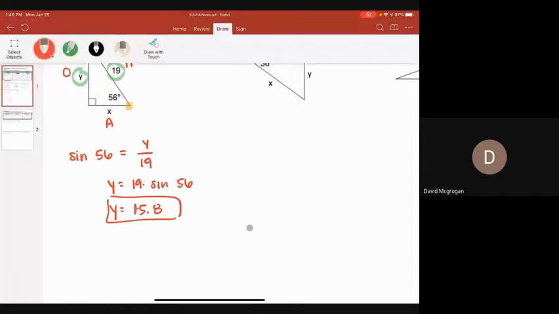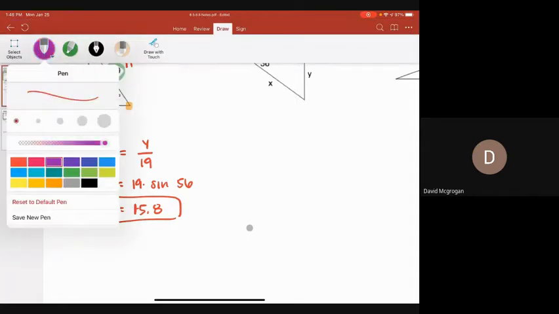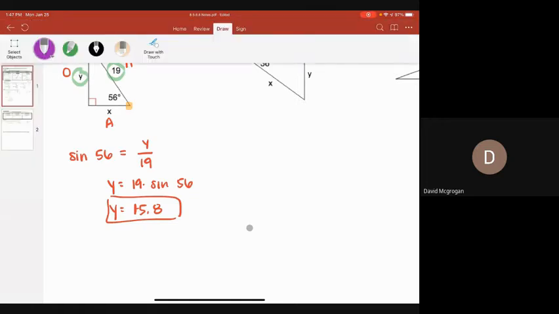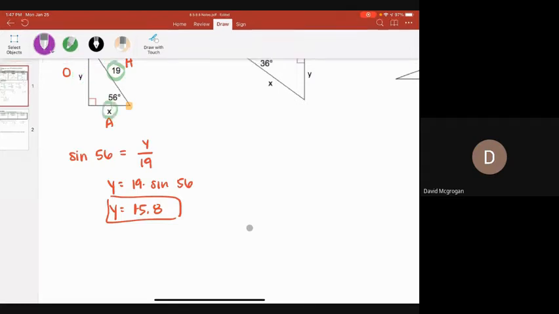So let's now find the other one. We need to find the adjacent. So now, if I want to find the adjacent and I have the hypotenuse, which trig ratio would be appropriate? Julia? Yep, cosine. Exactly. So we are now going to use the cosine ratio.